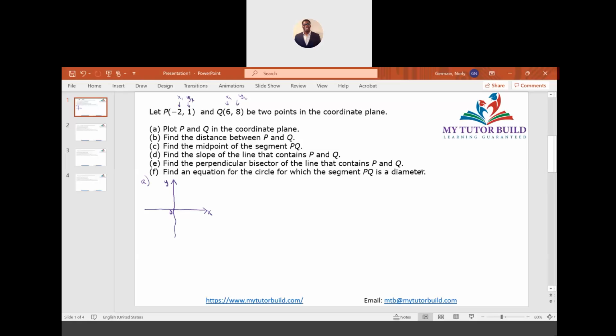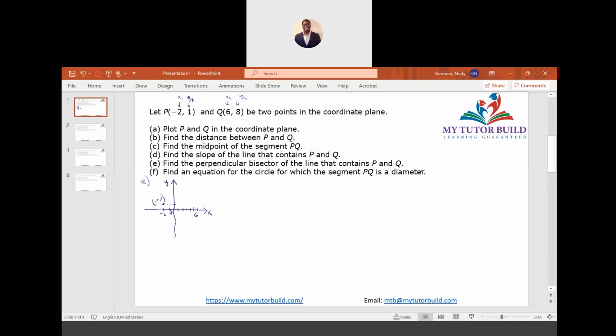All right. The first point, x1, y1: x is negative 2 and y is 1. So we can locate the first point P in the second quadrant, negative 2, 1. The second point: x is 6, 1, 2, 3, 4, 5, and 6.